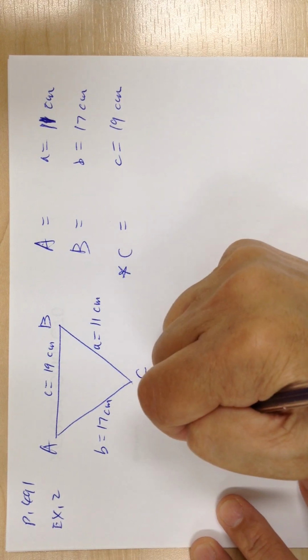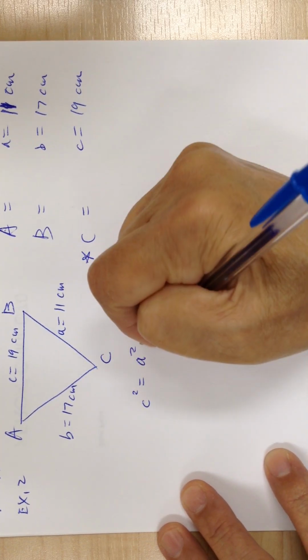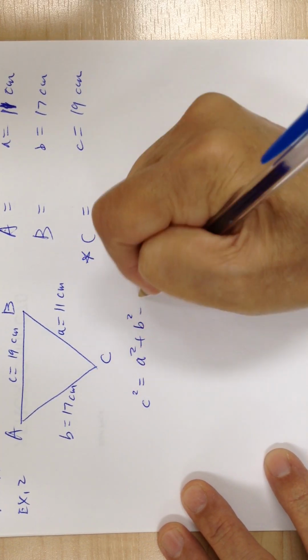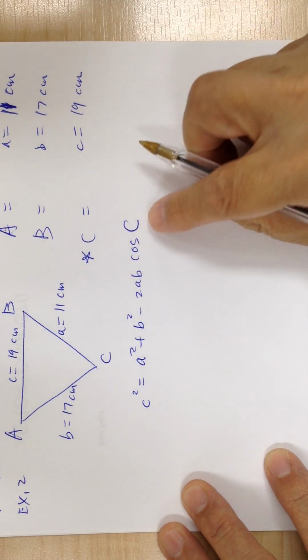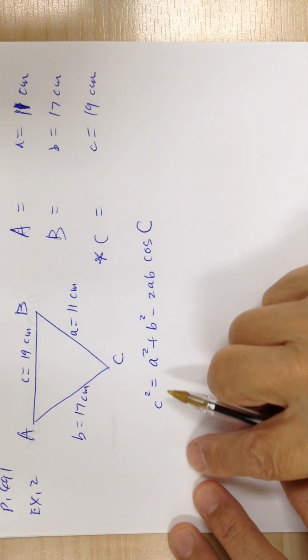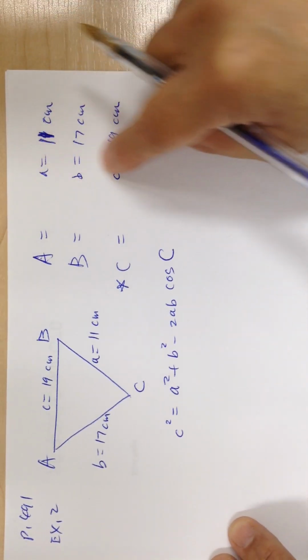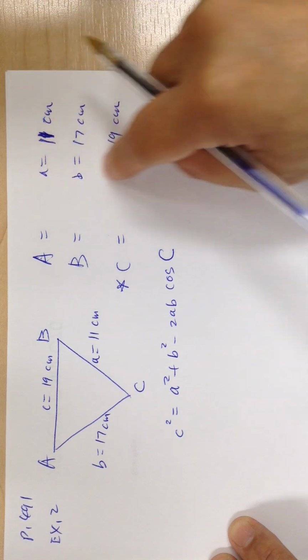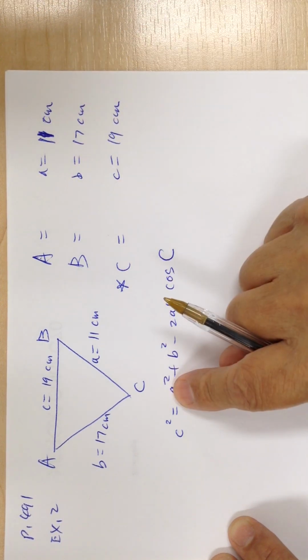Remember, it's C squared. Always write down your formula. So C squared equals A squared plus B squared minus 2AB cosine of C. Notice again, when all three letters given are different, so you've got A, B, C, therefore use the law of cosines.